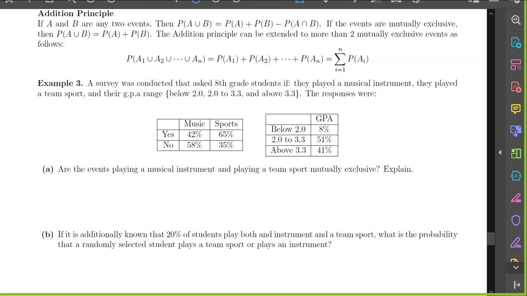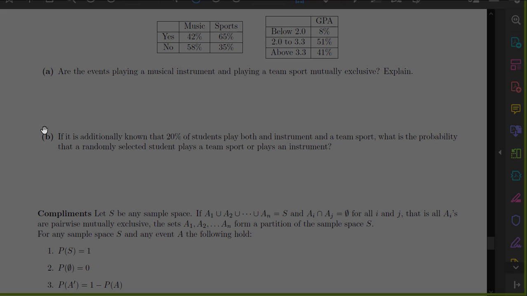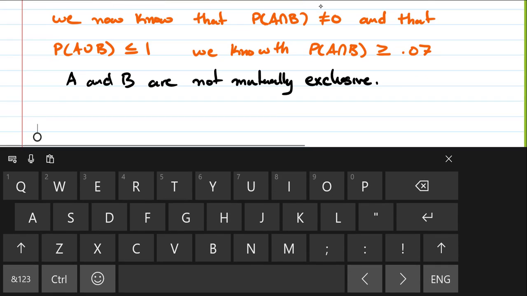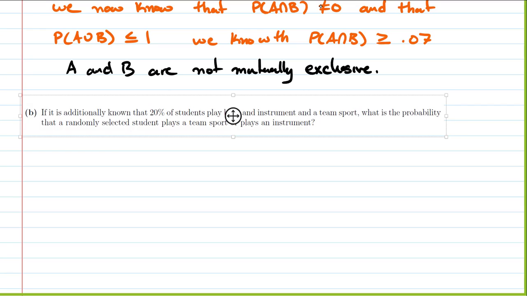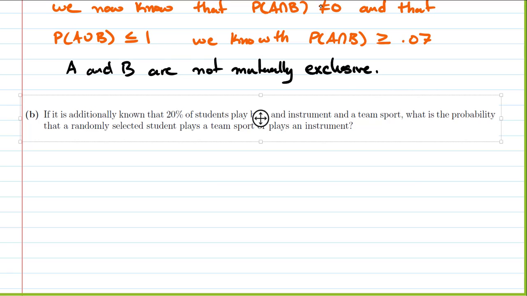All right. And the second part gives us one more piece of information. And it says, if it is additionally known that 20% of students play both an instrument and a team sport, what's the probability that a randomly selected student plays a team sport or plays an instrument?